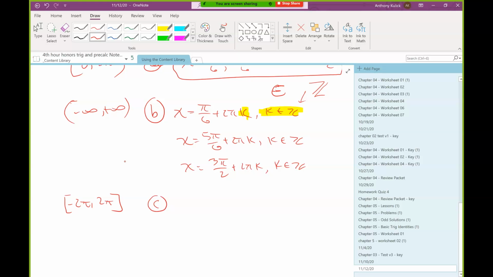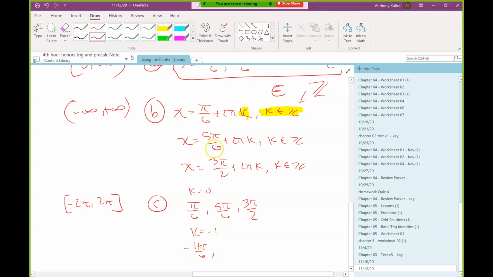Okay. For part C, all I'm going to do is I'm going to use values of k to get answers that fall in this interval. So k equals 0, I know all of these answers are in that interval because these were the answers from 0 to 2 pi, right? So the only part I have to worry about is the part from -2 pi down to 0. So there I would need negative values for k. So if I do pi over 6 minus 2 pi, I get negative 11 pi over 6.